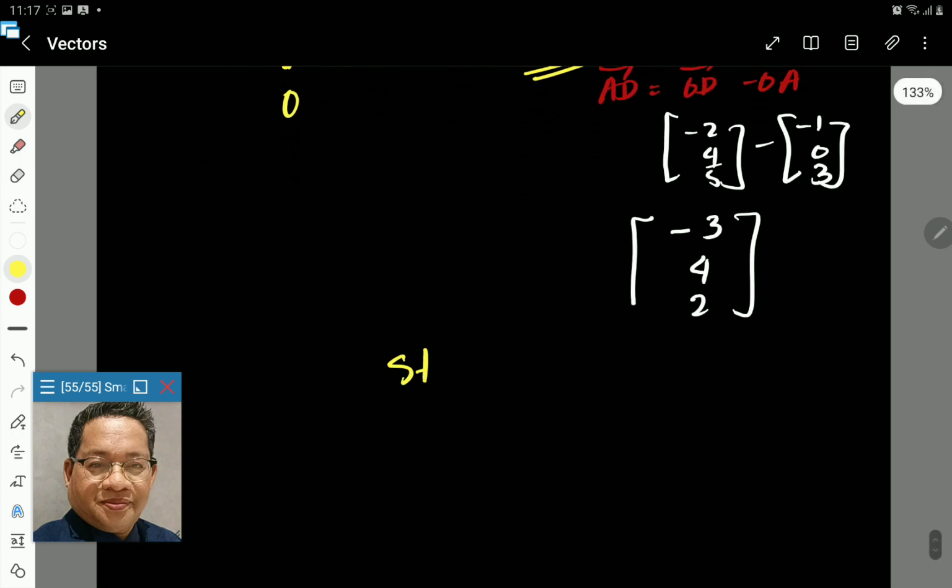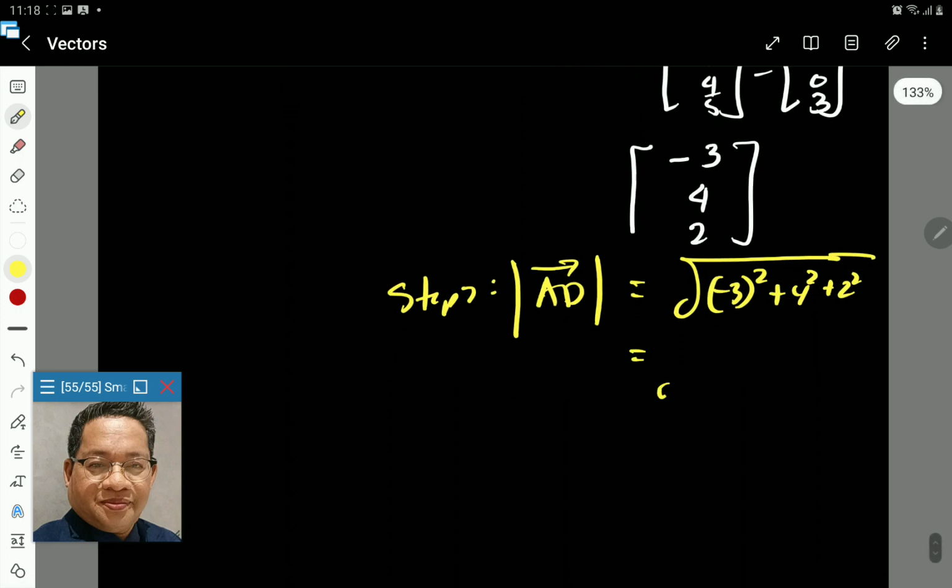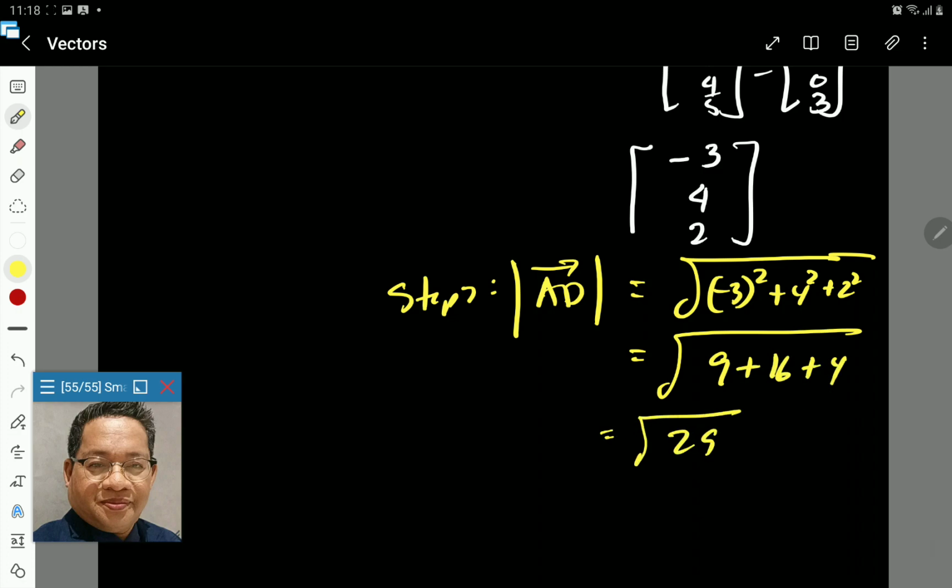Step 2, find the length of AD. Find the length, and that is equal to the square root of negative 3 squared plus 4 squared plus 2 squared. Okay, which is equal to the square root of 9 plus 16 plus 4, square root of 29.